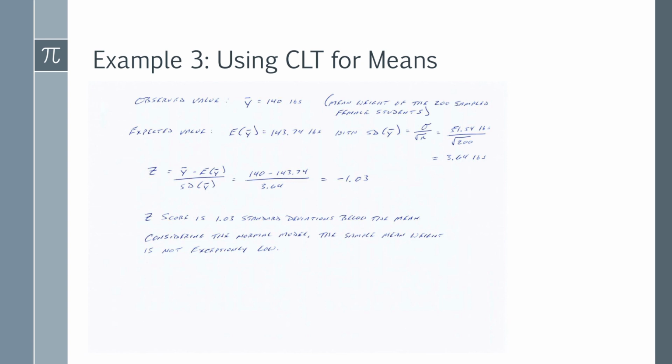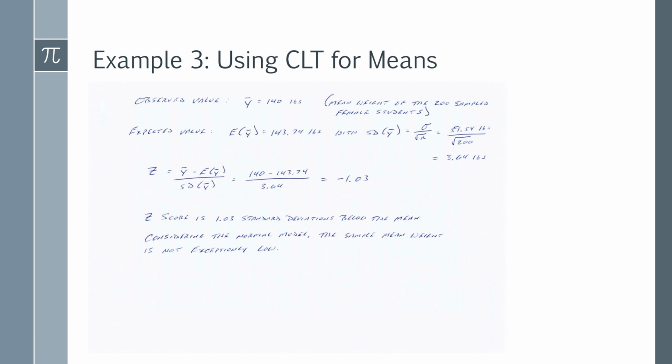Now I want to calculate my z-score. I take my sample mean of 140, subtract off 143.74, and divide by 3.64. That gives me a z-score of negative 1.03. So my z-score is 1.03 standard deviations below the mean.